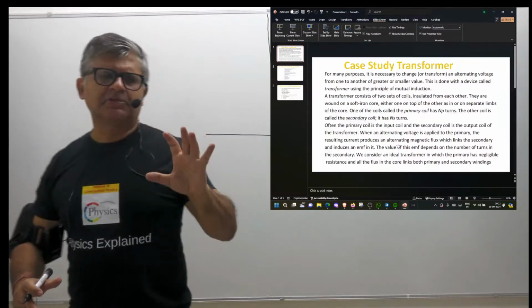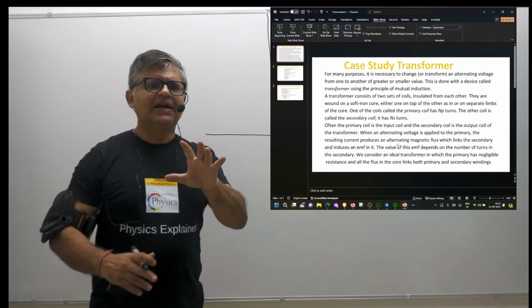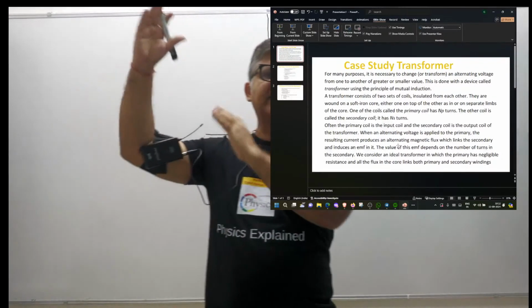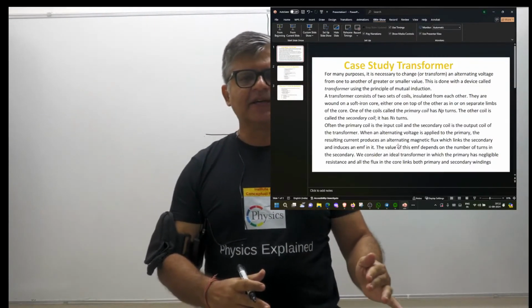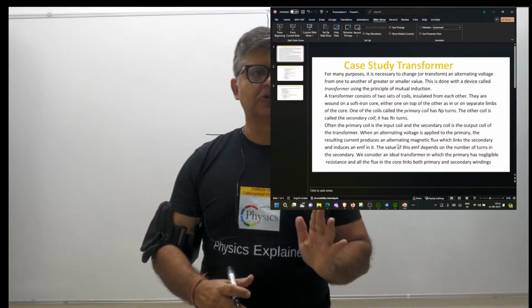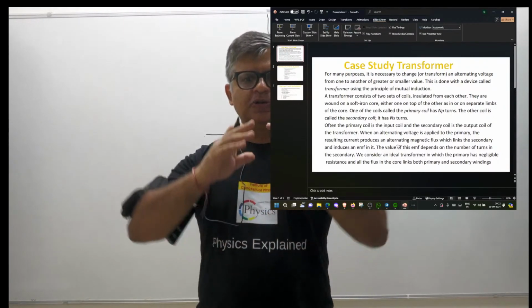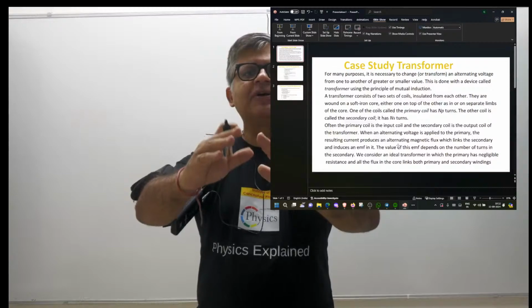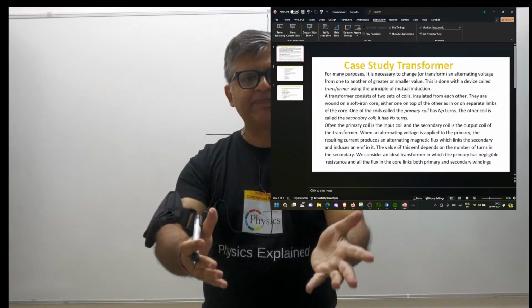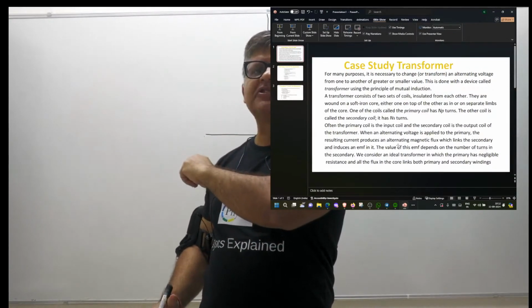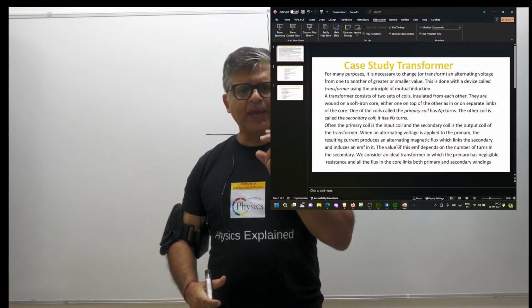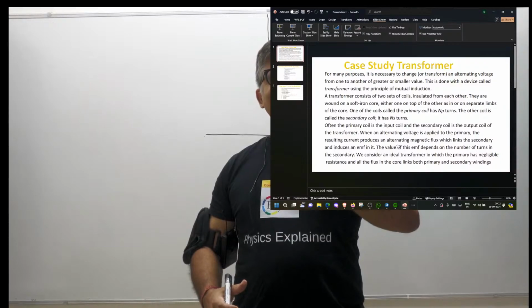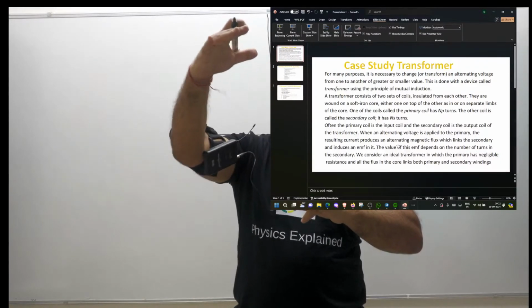In a country like India, a lot of power which is generated in the power station gets wasted before it reaches your house. In order to distribute the power for which you pay the bill from the power station to your house, we increase the voltage of the power.